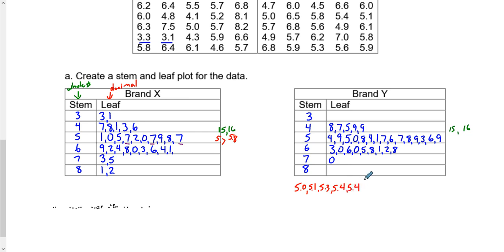Now I know that some people can do this ordering in their head. I'm just showing another method. See another 5.5. See 1 5.6. 2 5.7s. 2 5.8s. And 3 5.9s.